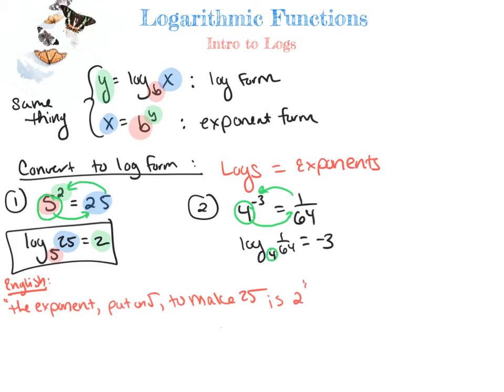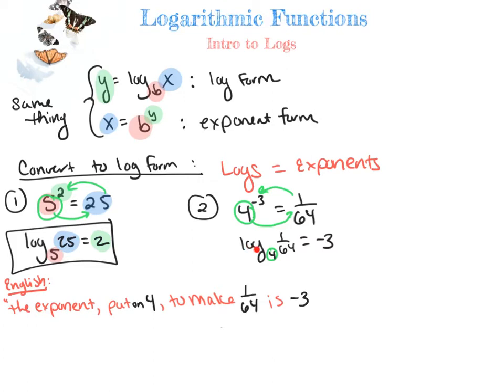And if I were to write this one in English, let me erase down here. So if I were to fill in these blanks here, this one would be the log, or the exponent, we put on a 4 to make 1 over 64 is negative 3.